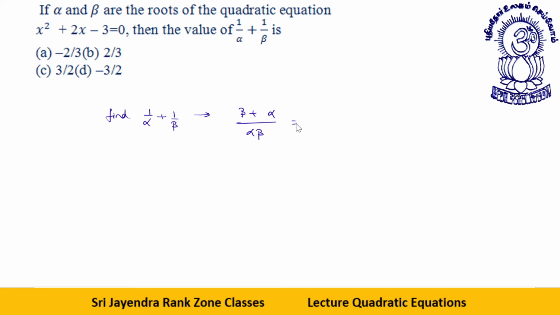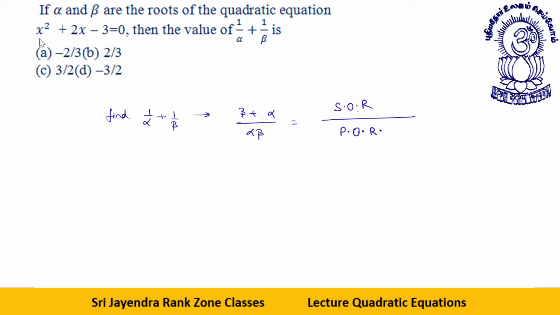This is actually sum of roots divided by product of roots. I am telling you the best method for this.